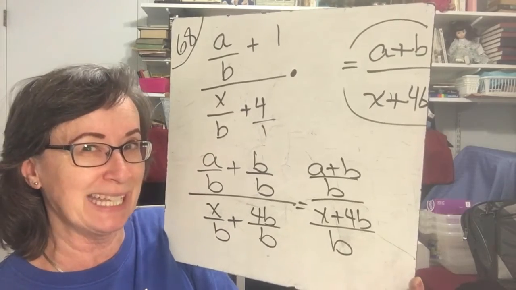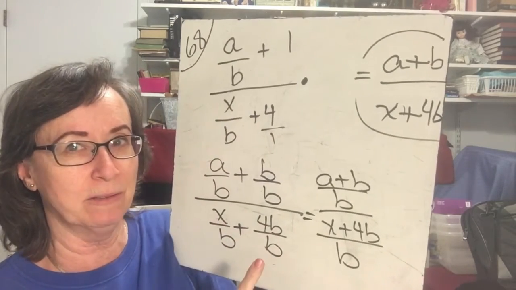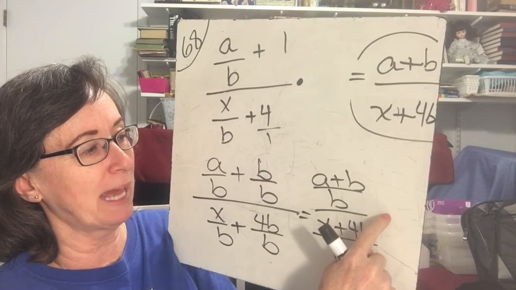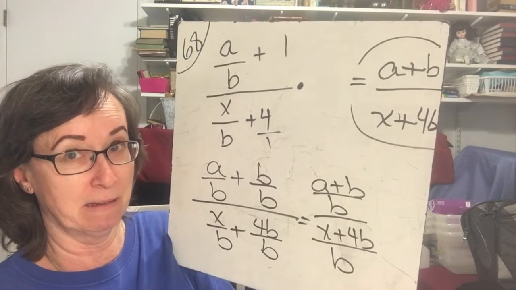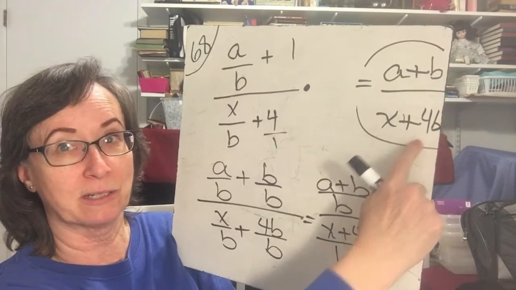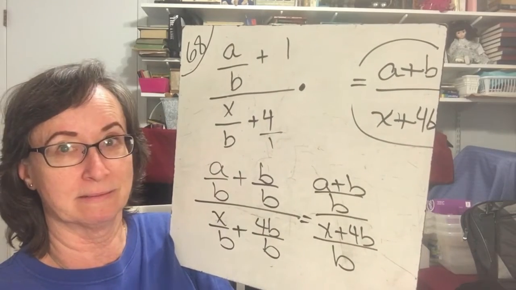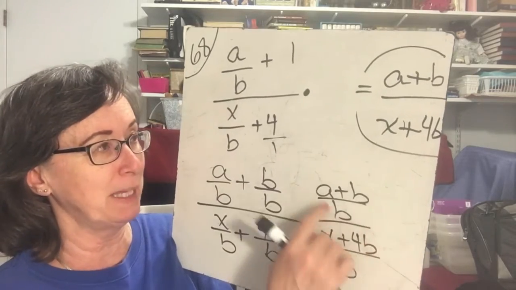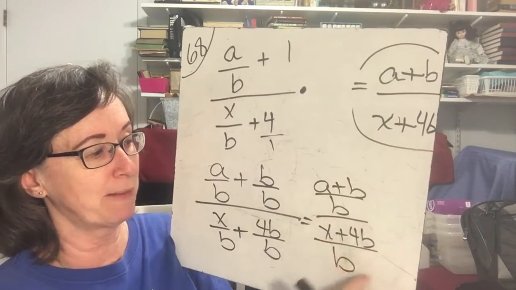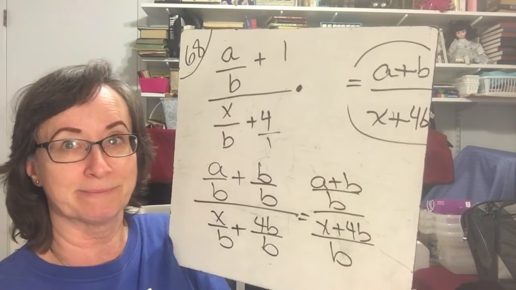Now, I'm not going to do it this time because I'm going to boil it down to 2 times instead of 3 times. But can you see that right now, if I just multiplied the top and the bottom by B, I would go up to that answer? I multiply this by B, I get A plus B. I multiply this by B, I get X plus 4B.